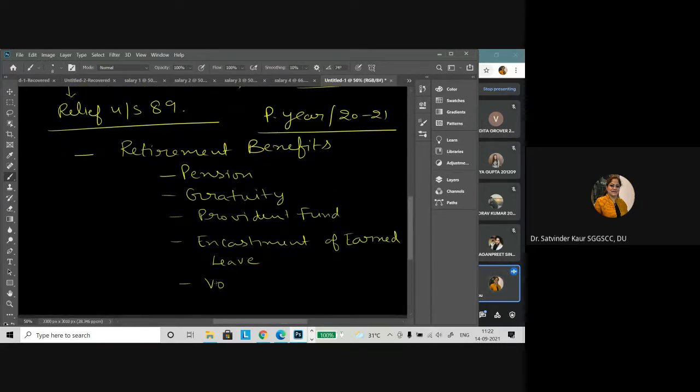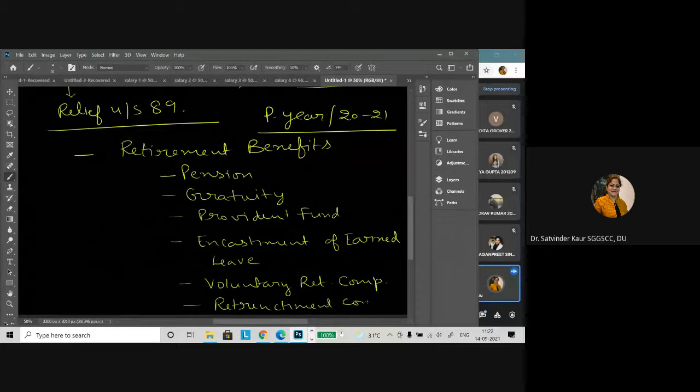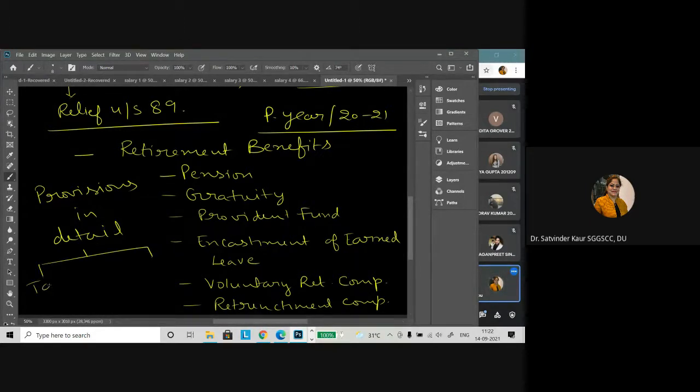And sometimes there is voluntary retirement. Some schemes are introduced, so some compensation is given in case of voluntary retirement, or if there is retrenchment of employees, then there can be retrenchment compensation. So how these things are to be given, we have to discuss the provisions in detail to learn the amount taxable and amount exempt.